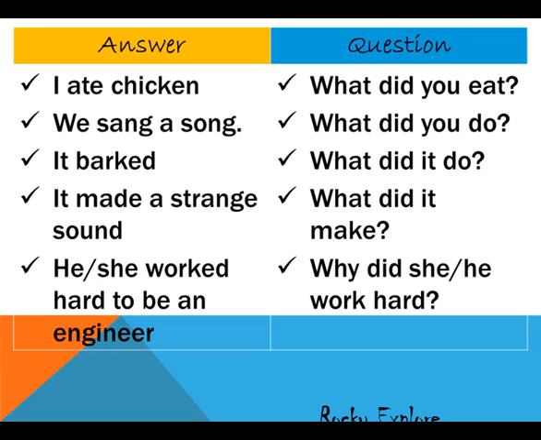Simply make the question as if they are asking about the things that you ate. Imagine an external party asking this question and you giving the answer, I ate chicken. The question will be, what did you eat? Like that, all the other questions are constructed according to the answers, and the rule stays constant.